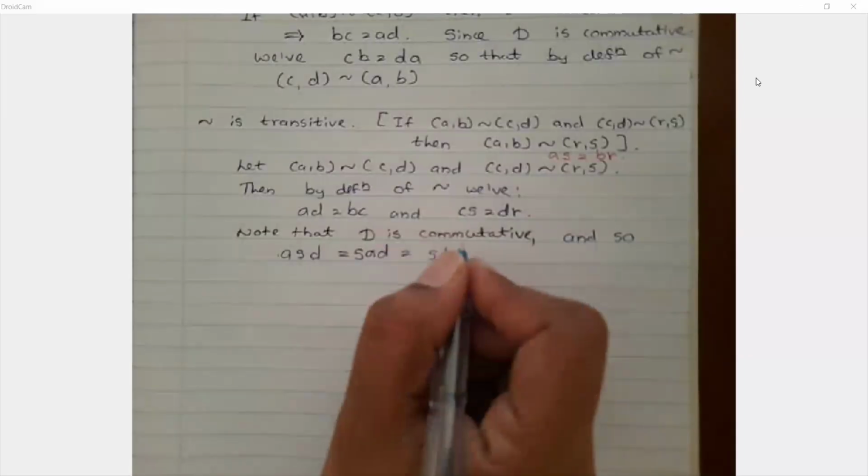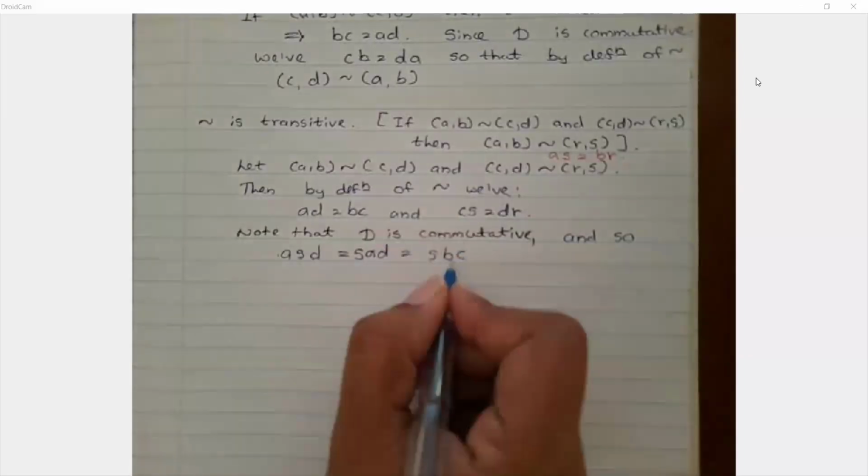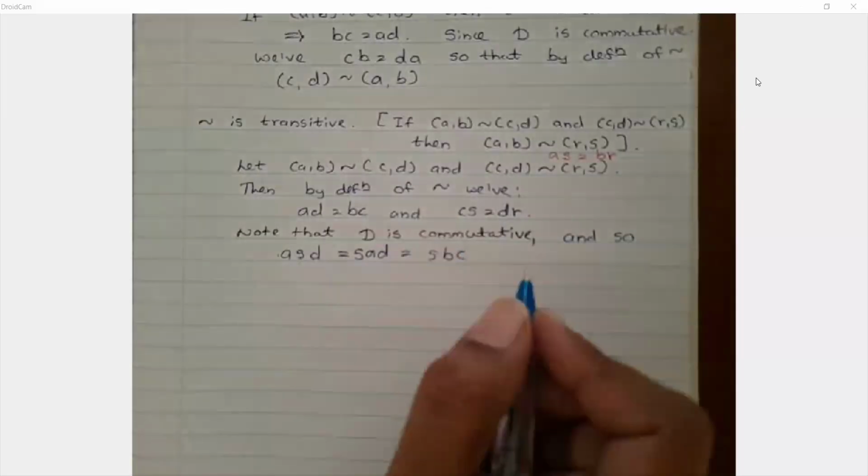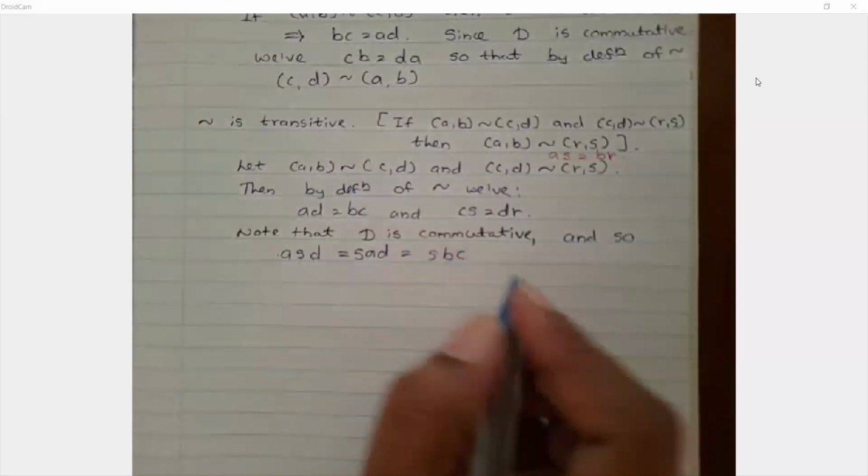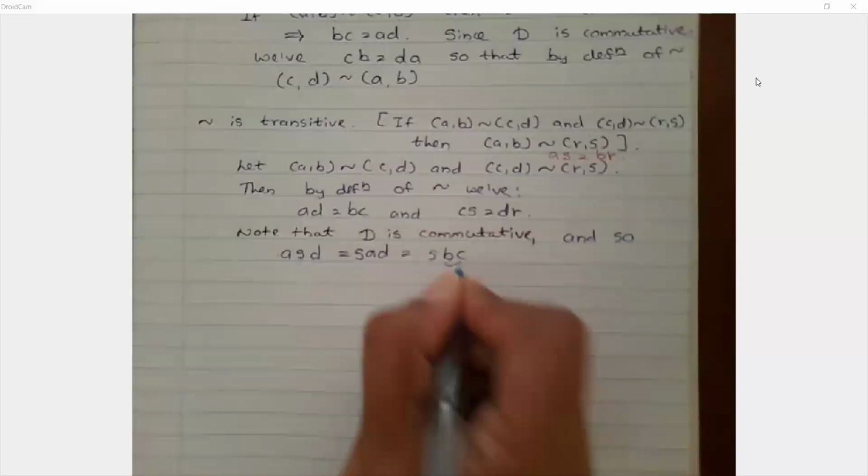Now, for B and C elements in D, the product BC is also an element in D, so we consider this to be one term.